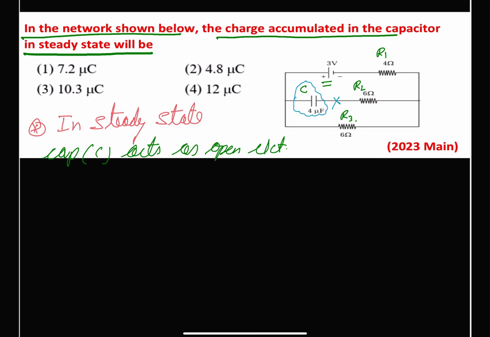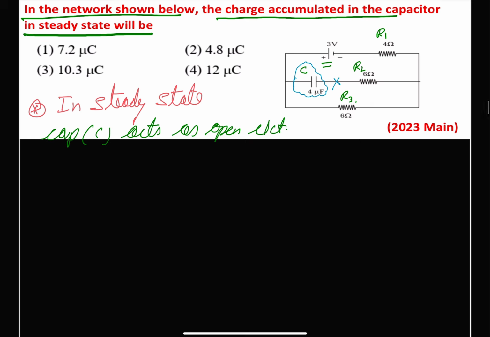Therefore, we can just modify the given figure and it can be drawn, so we have our R1 and our R3, and we have a voltage source.